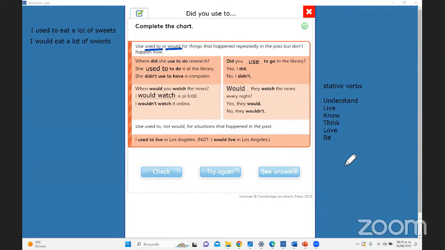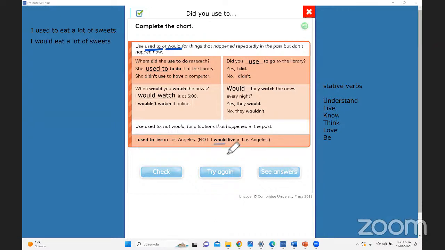Yes? Sorry, teacher. I am confused. I understand that these stative verbs, understand, live, know, think, love, and be, we need to use used to. No, no es el tema de infinitivo. What I mean is that you can't use would. Con estos verbos no se puede utilizar would.